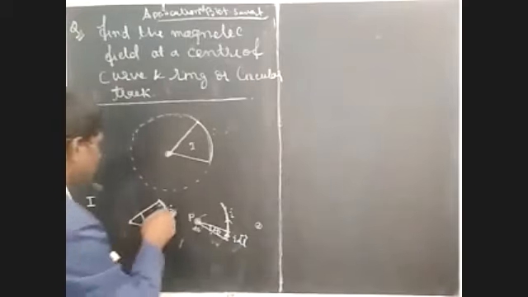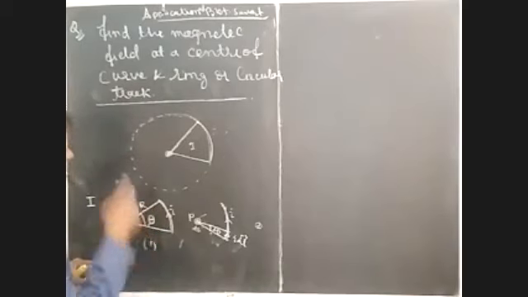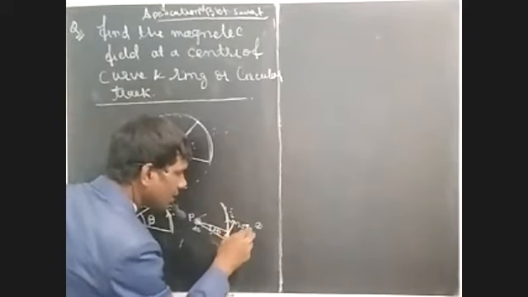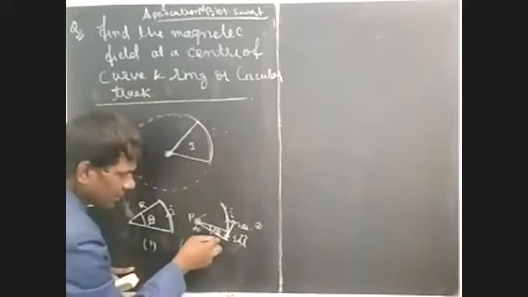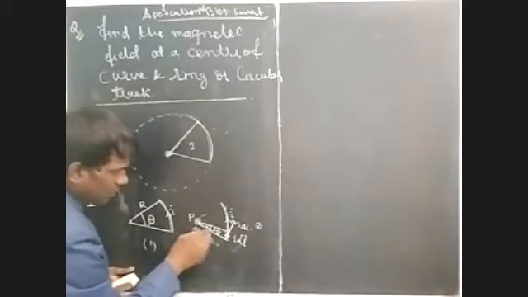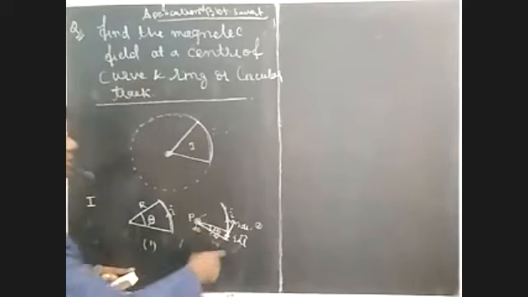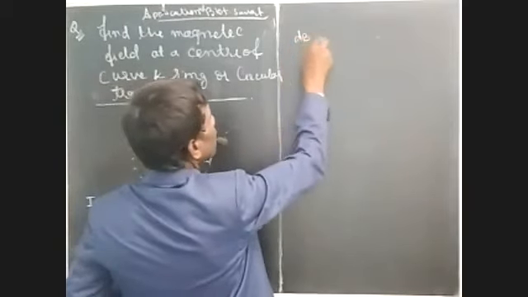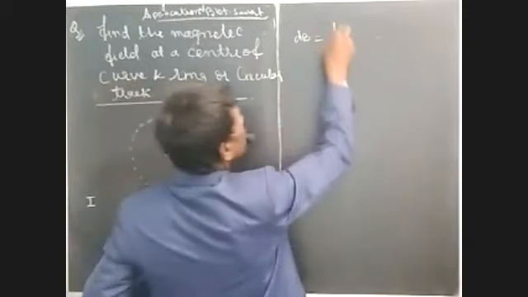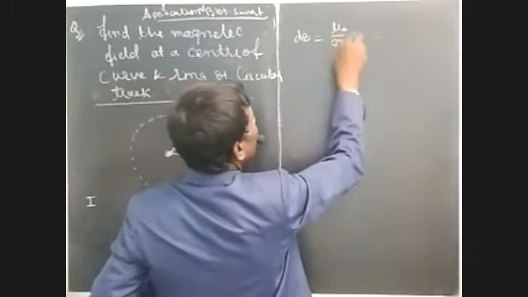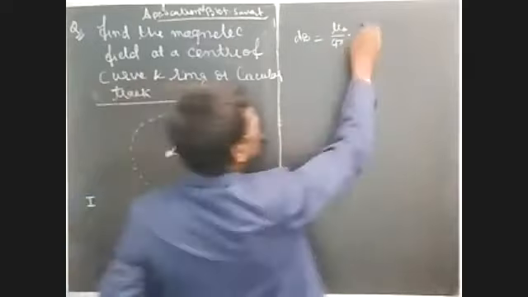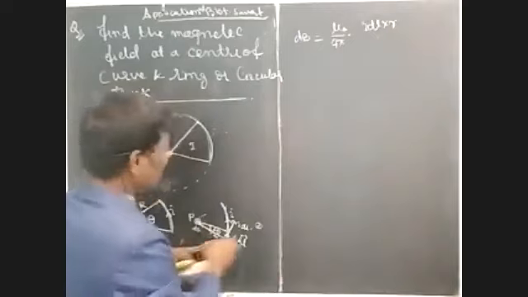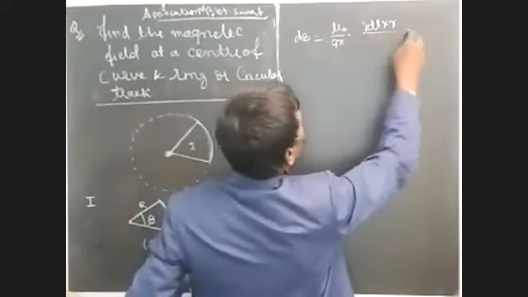This radius we have to take as R. This line is just like Idl, and this line, the meeting point, is just like R. So we write here dB equal to what? dB equal to, as we already knew, mu naught upon 4 pi into Idl cross R, meaning this line, upon what?